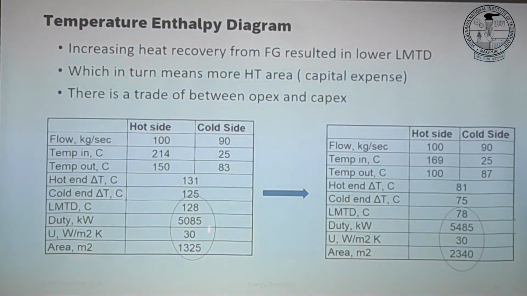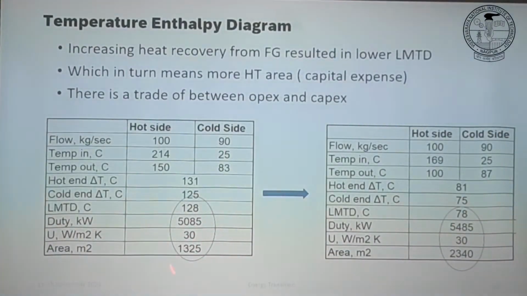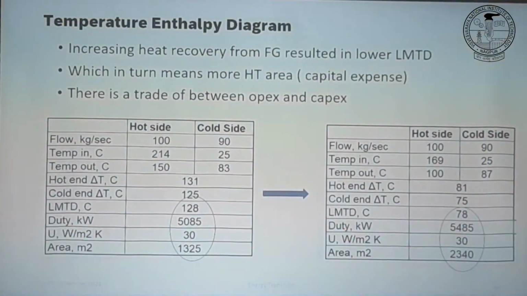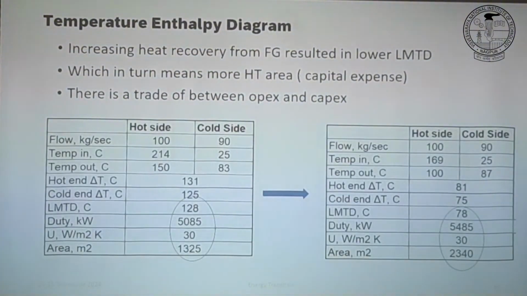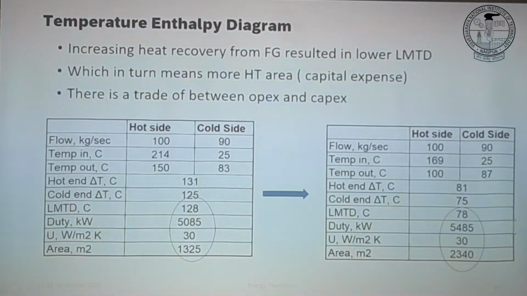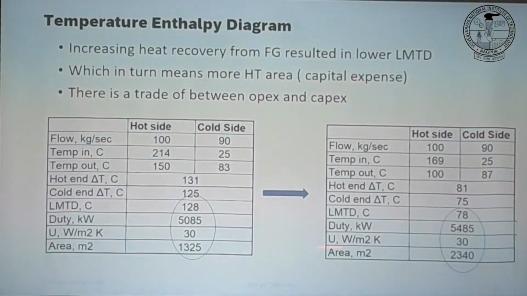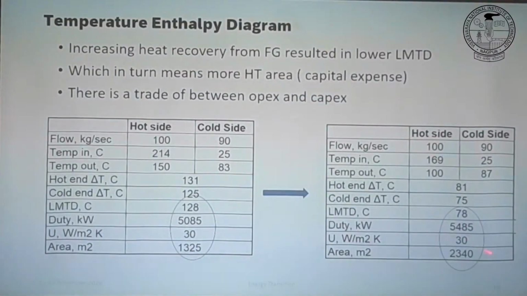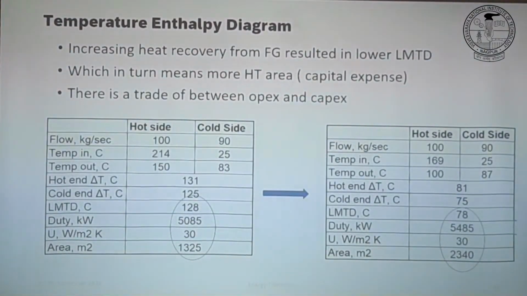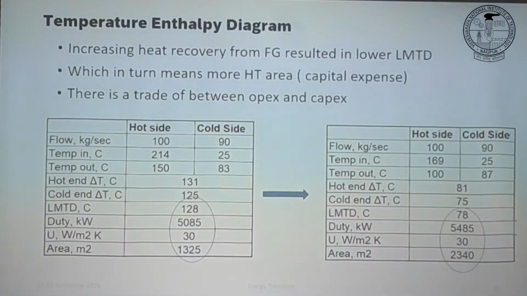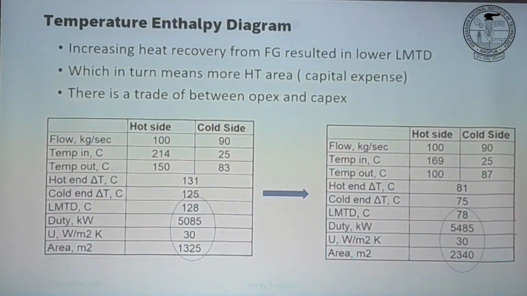So if we just take these three and do the maths, you end up here. For this case, you end up here. So the same capex opex trade-off optimization we have been talking about for the last 2 days. You save on fuel, but you have to pay more on the heat transfer area. And heat transfer area times thickness of your tube or plate or whatever is your material or metal, and metal is your cost.